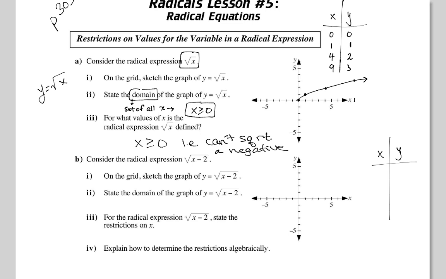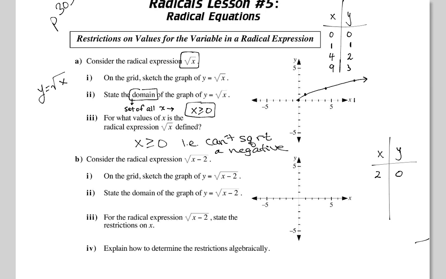No. So what's the first x that you can use? Can x be 1? What happens when x is 1? 1 take away 2 is negative 1. So you can't take a square root of a negative. So can x equal 2? What happens when x is 2? 2 take away 2 is 0. Can you take a square root of 0? Yes, you can. Square root of 0 is 0.